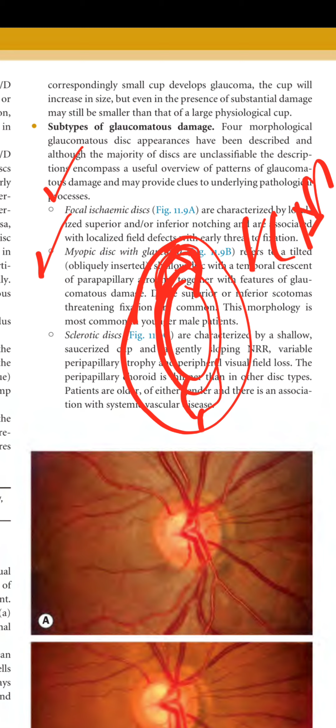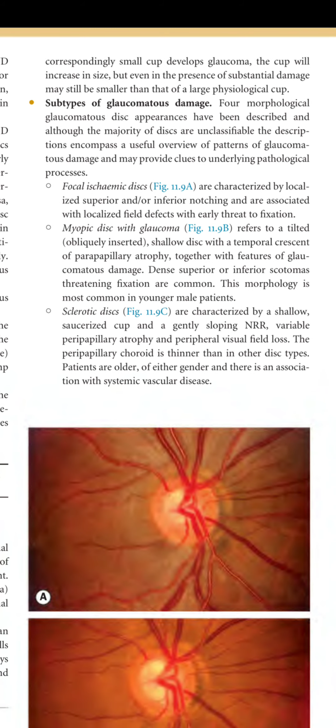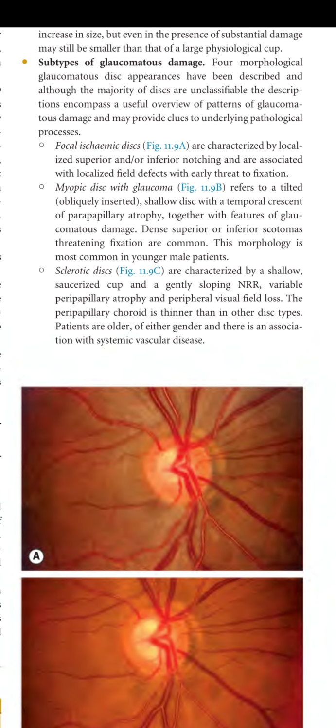Myopic disc with glaucoma refers to a tilted, obliquely inserted, shallow disc with a temporal crescent of parapapillary atrophy, together with the features of glaucomatous damage. Dense superior or inferior scotomas threatening fixation are common. This morphology is sometimes common in younger male patients.